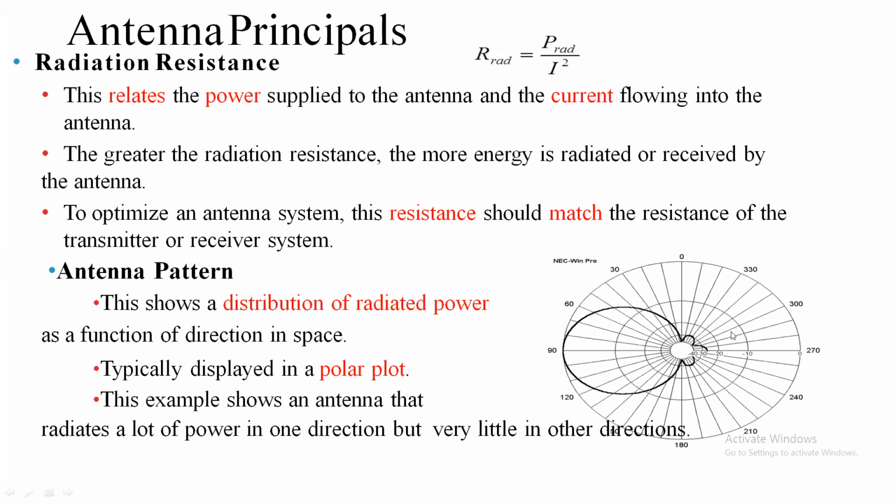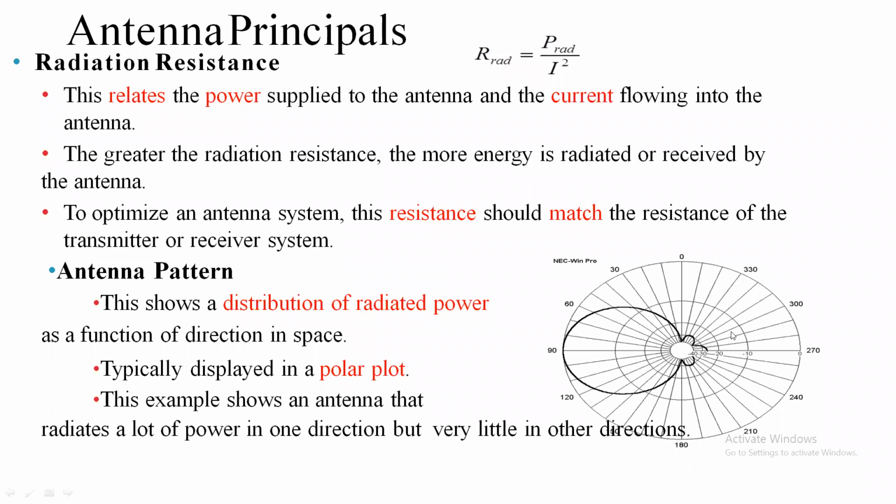Coming to directional antennas, they radiate the power in only one direction. And also, by considering the length of the transmission lines, we categorize these antennas as resonant antennas or non-resonant antennas.